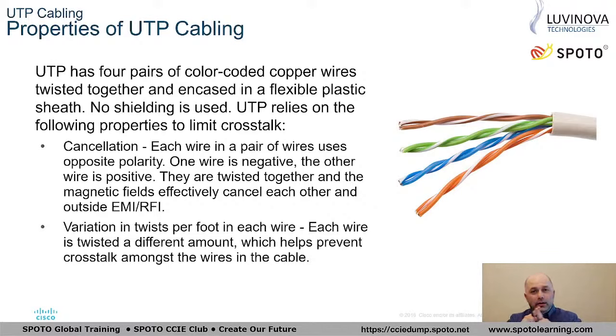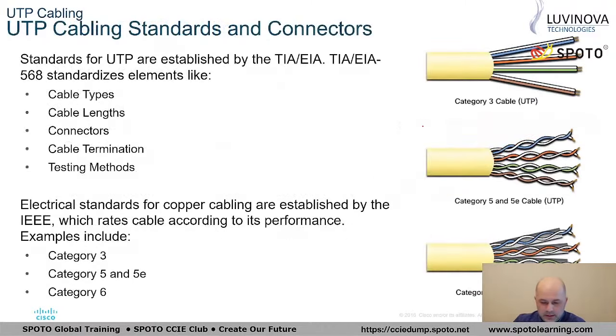Depending on how you line up those cables, you can create 2 different types of cables. Making different standard types of cables, you're creating different types of cables. We call them straight-through cables and crossover cables.